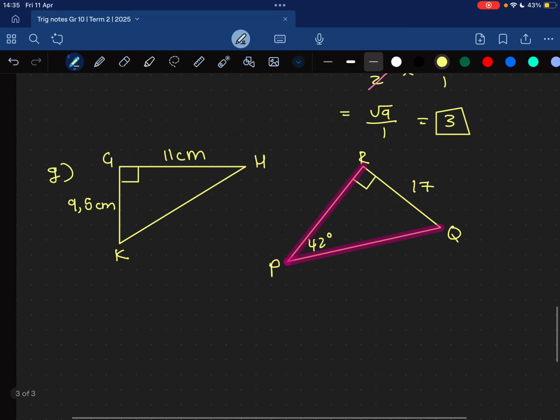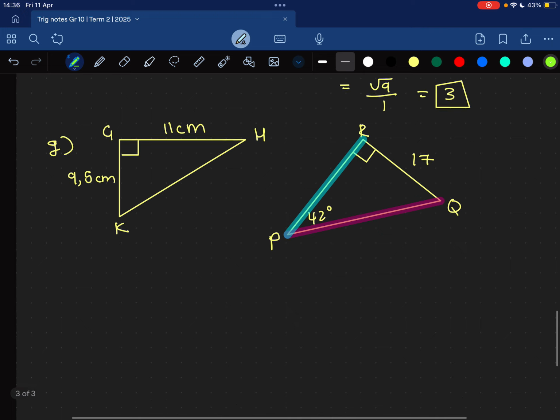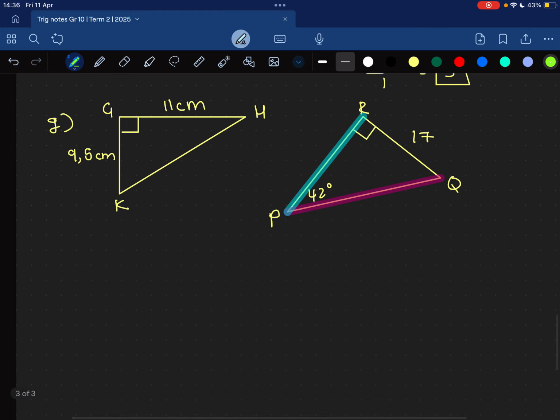Okay, so I notice that, let me highlight it with a different color, otherwise you might misunderstand and think that they're equal when they are not, or we don't know that they are, but they probably won't be, because PQ, as we can see, is going to be the hypotenuse.